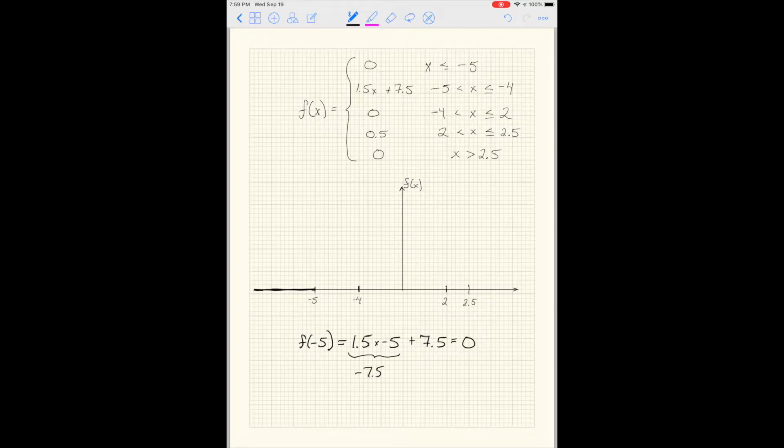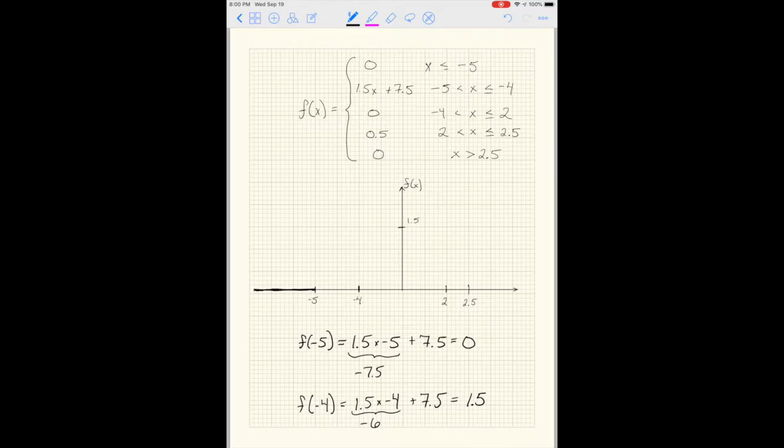And then if I were to do the other corner of this range, f of -4, then I see that 1.5 times -4 plus 7.5, well, 1.5 times -4 is just -6, so that is just going to be equal to 1.5. So basically, I am going to go back to the small pen here, and I'll call this 1.5 here.